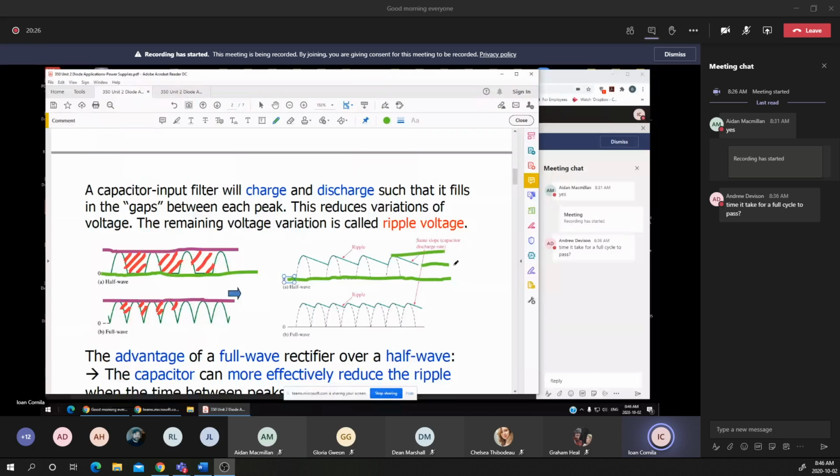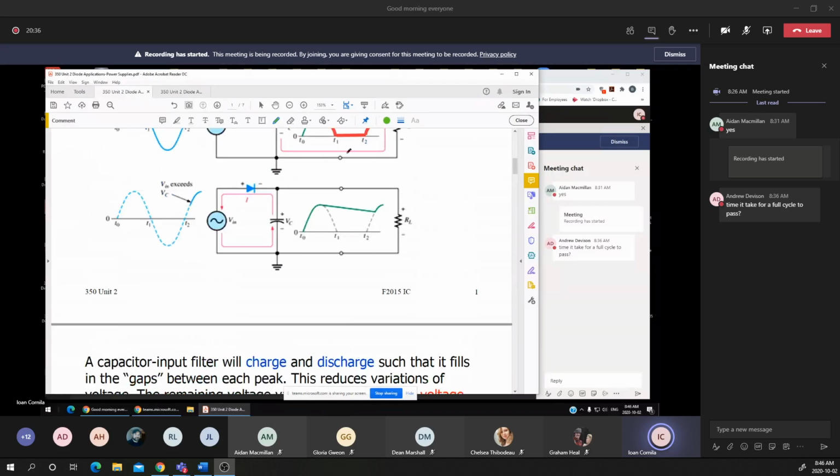It means that we are reducing the ripple, or the variation, or the pulsation of the output voltage by simply adding a capacitor. Again, what we are doing here is an RC type circuit.